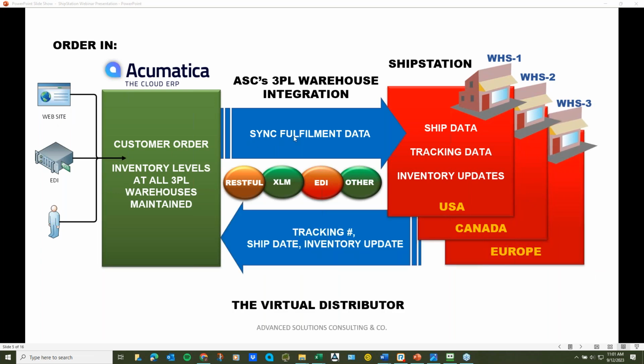And what our tool allows us to do is sync that sales order with ShipStation in the warehouse at our local facility or one of many warehouses, as Acumatica is a multi-warehouse solution, or at third-party warehouses. And as the data goes to ShipStation, information like the tracking number and the ship date will come back.